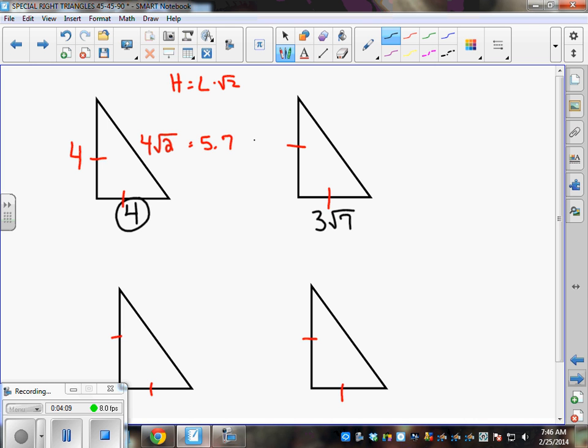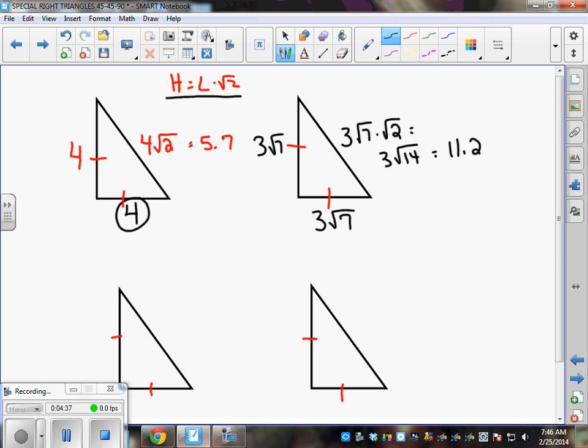Then the other leg is 3 square root of 7. To get the hypotenuse, we take the leg times the square root of 2. So that'd be 3 square root of 7 times square root of 2, which would be 3 square root of 14. Now 14 doesn't have any perfect square factors, so we could leave it as 3 square root of 14, or we could multiply that out and get 11.2.